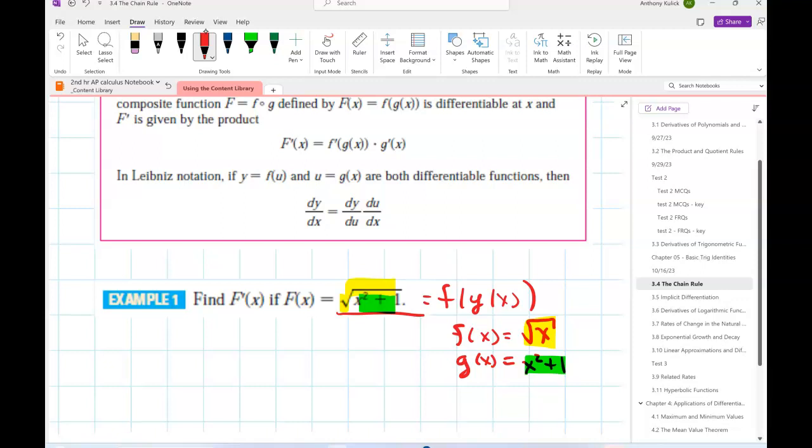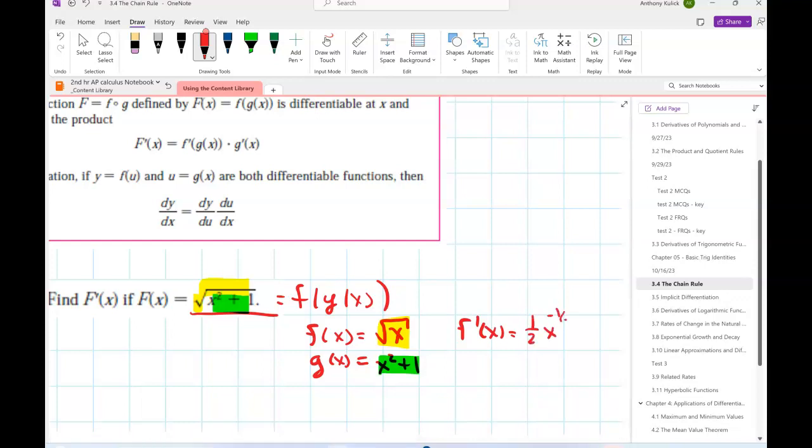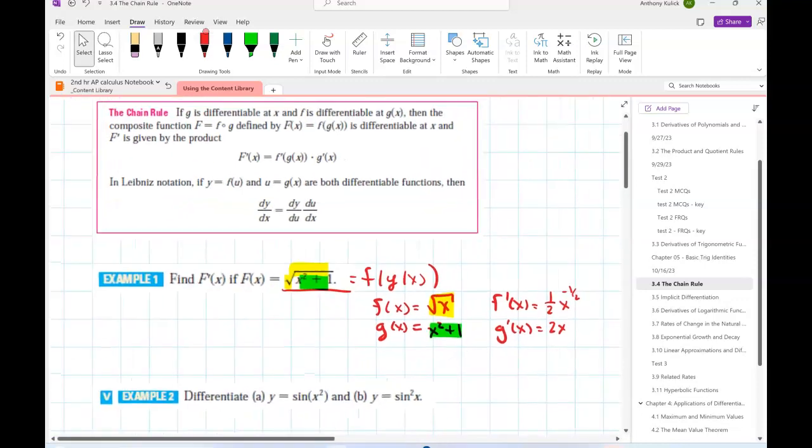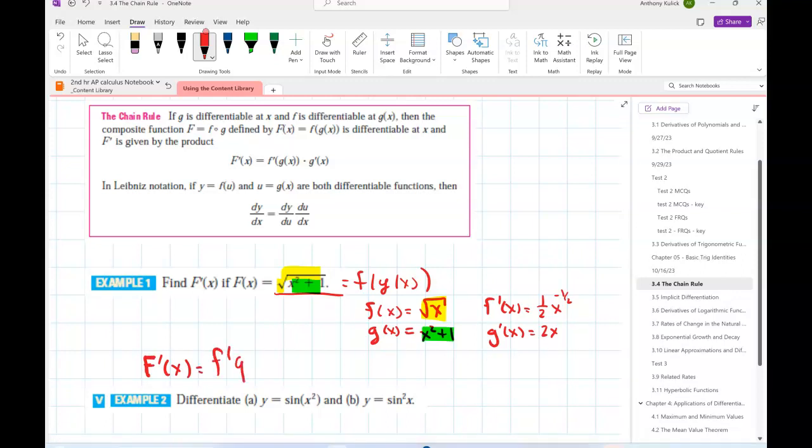Everybody's okay there? So what's the derivative of the square root of x? Good. And what's g prime of x? 2x. Okay. So capital F prime should be f prime of g of x times g prime of x, right?